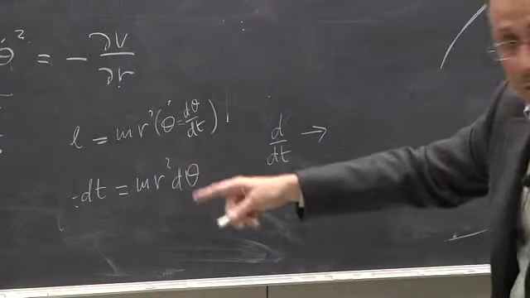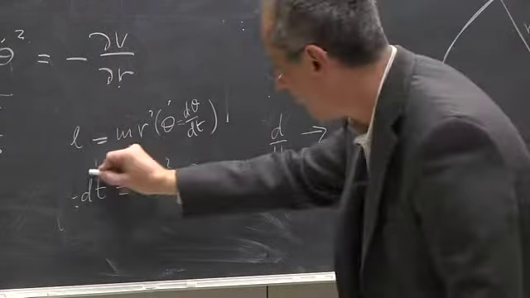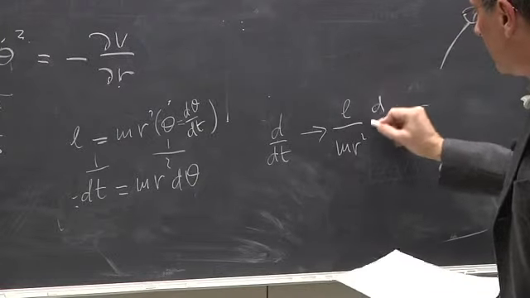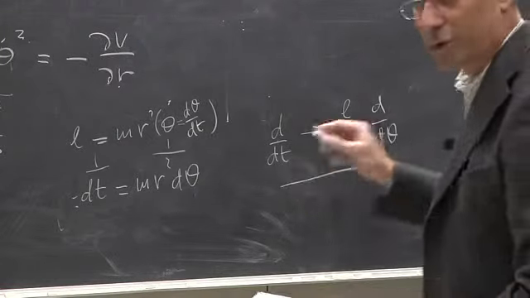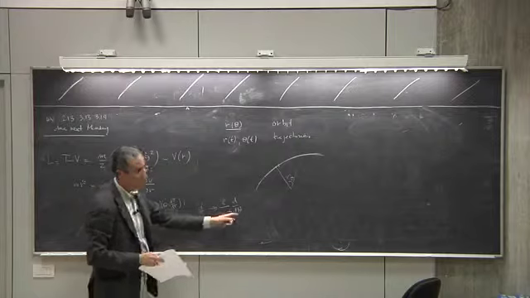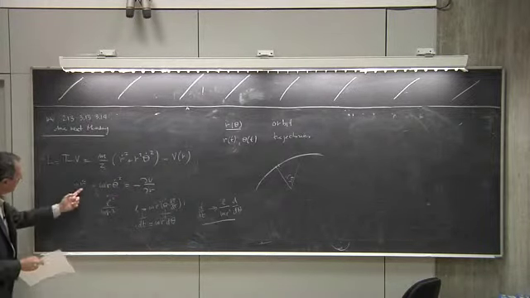I take 1 over dt, I call it equal to this, and I take it on the other side. So I have L over m r square d dt theta. That's what I wanted to say. This way, I trade a derivative with respect to time for a derivative with respect to theta, and so I can plug that in here.